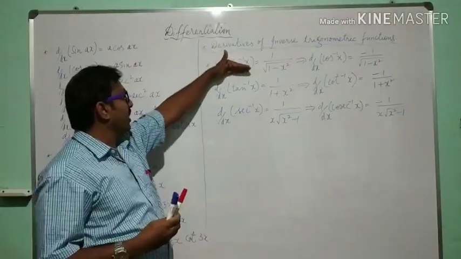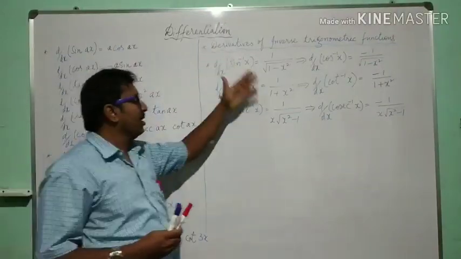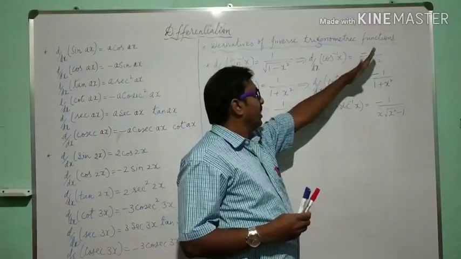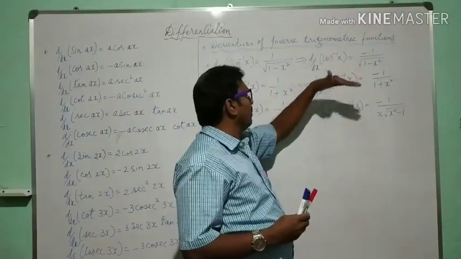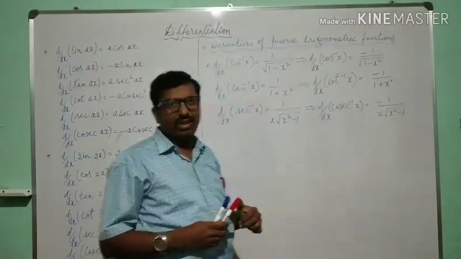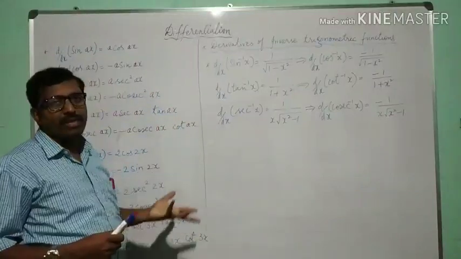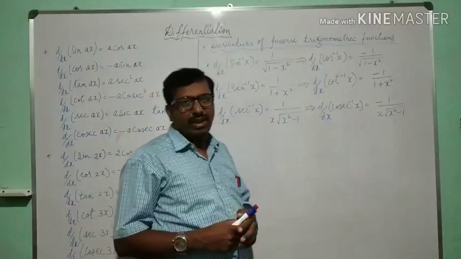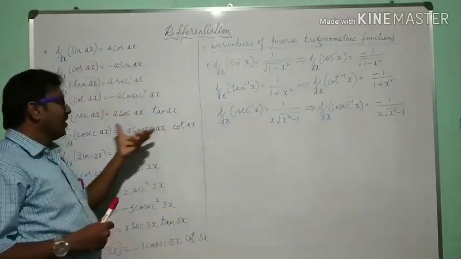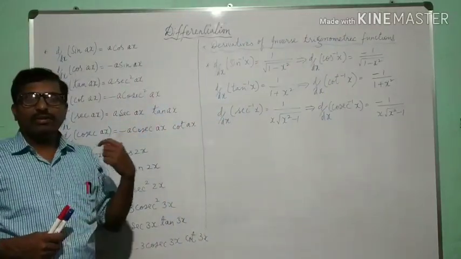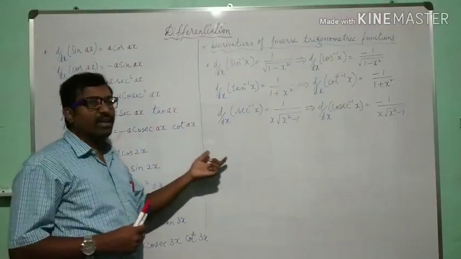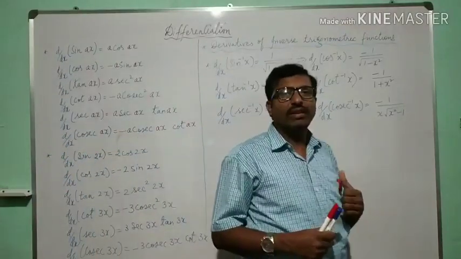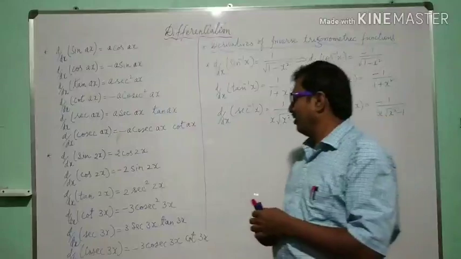X can be replaced by even theta also, and wherever theta is there, you can put x. And this formula will be useful to solve problems not only under differentiation but also in integration.